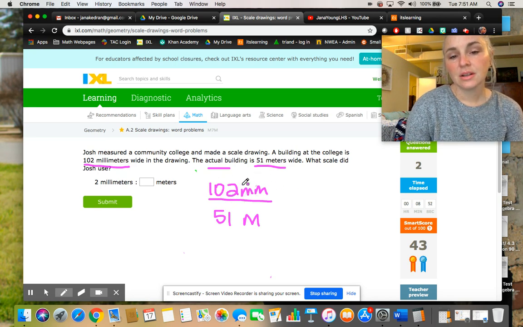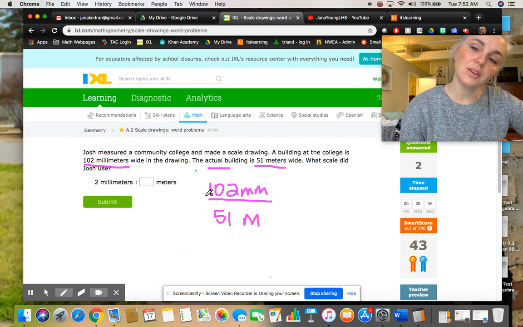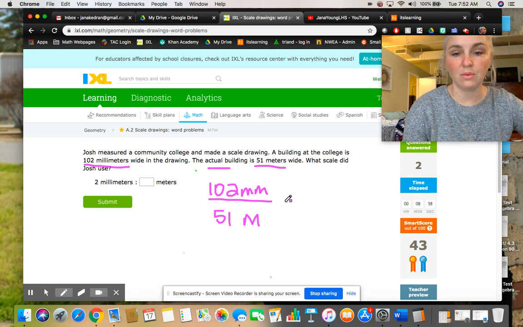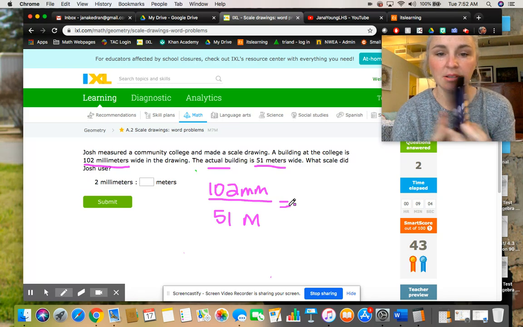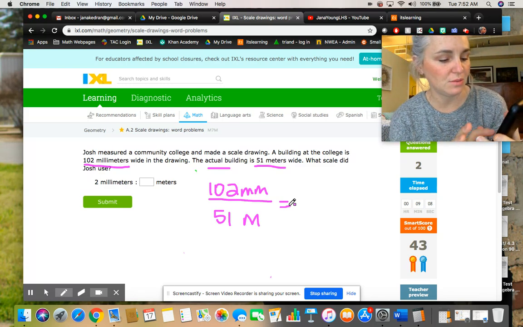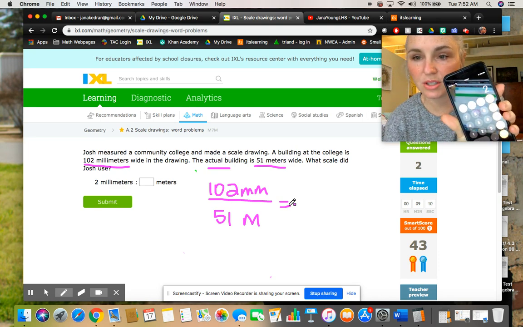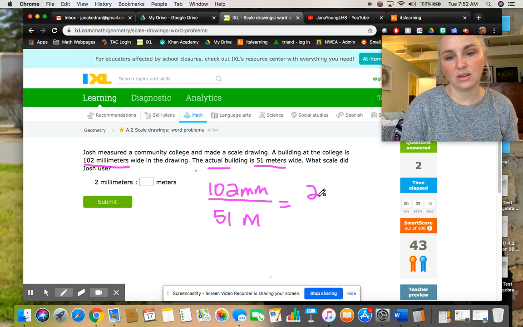Okay, so I'm just going to reduce this, and it turns out that 102 is divisible by 51. If you were to take your calculator and divide 102 divided by 51, you actually get 2. So this problem works out nice because you're going to get 2 millimeters.